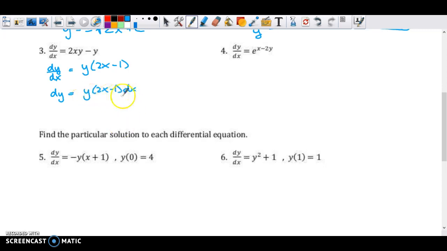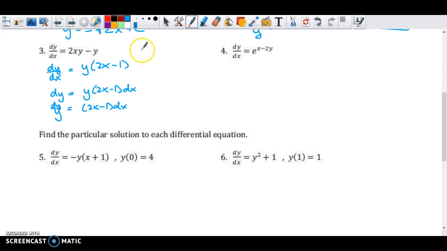And I'm going to divide both sides by y so that I get rid of that. Once you're at that point, you shouldn't have any issues integrating this. So let's look at what our final answer will be.